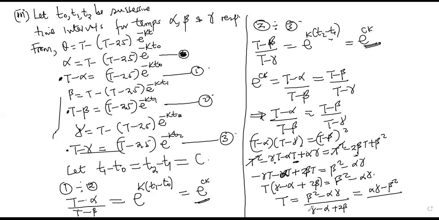Maybe I need to check on the expression of the answer, because if you divide by negative, it would be α minus γ minus 2β. That is how the final expression is supposed to be. So maybe we can change the expression from the question if at all is okay. I guess I haven't made any mistake anywhere here. So that is how the proof would come out.